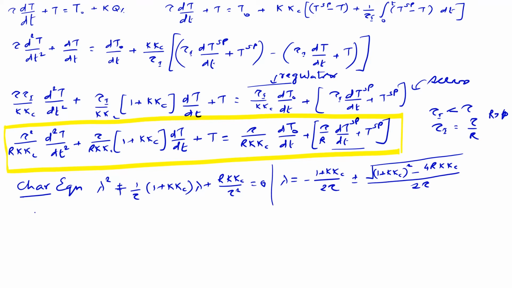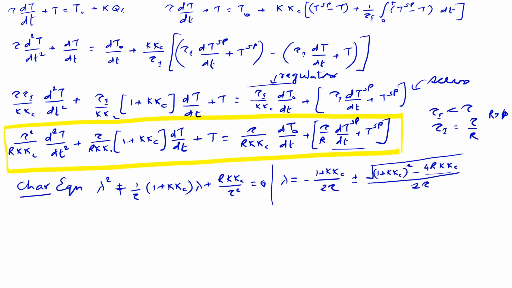So what is the condition? You can see from the roots, if kkc is very small, then this term goes to 0, the negative term goes to 0, this is positive, and so you get two real distinct roots.